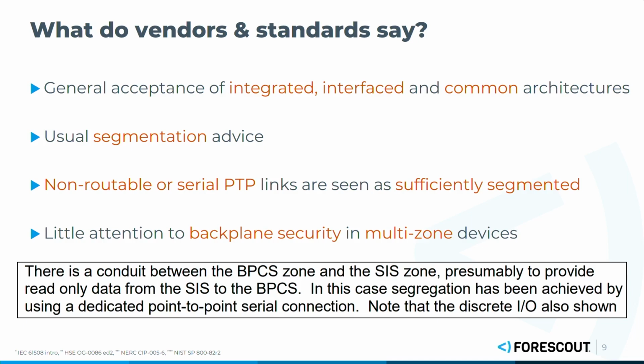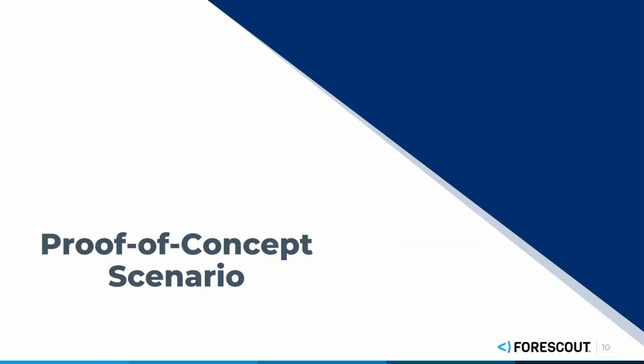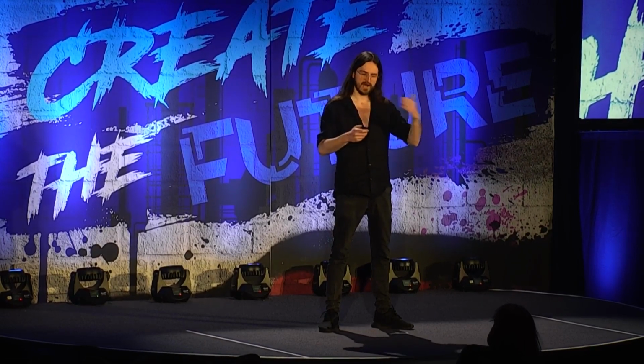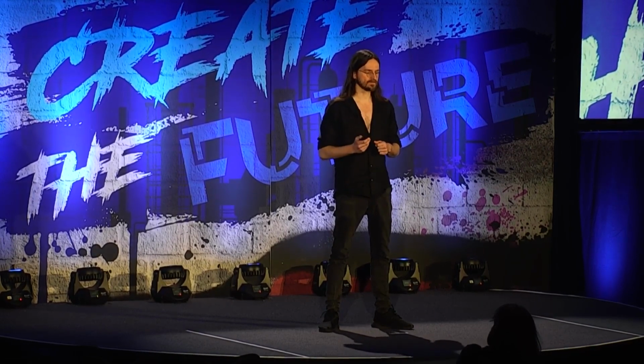However, there do seem to be quite a few pieces of guidance out there that say that non-routable or serial point-to-point links are sufficiently segmented of themselves. And that is something that is definitely not true in my opinion. Not all the guidance says this, but there's some guidance out there. And to illustrate this a little bit more in depth, we built a little proof of concept scenario to showcase how this looks in practice.